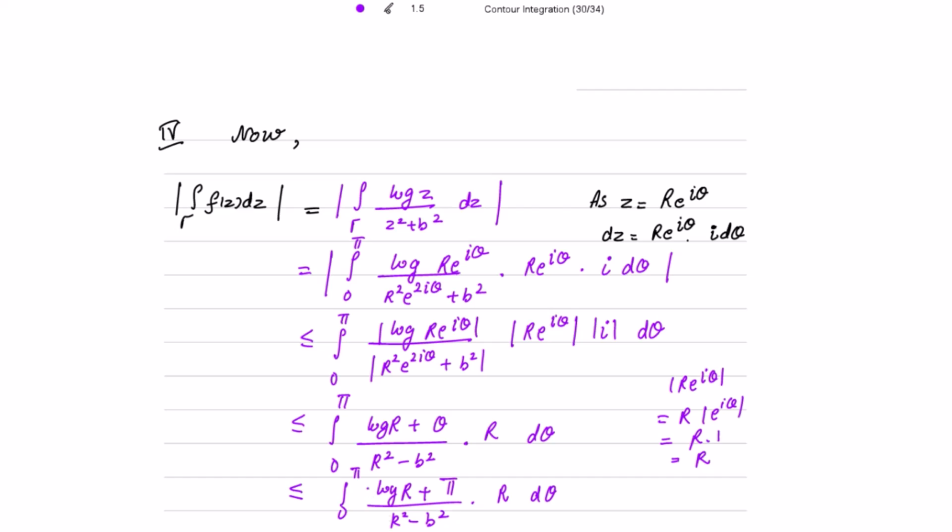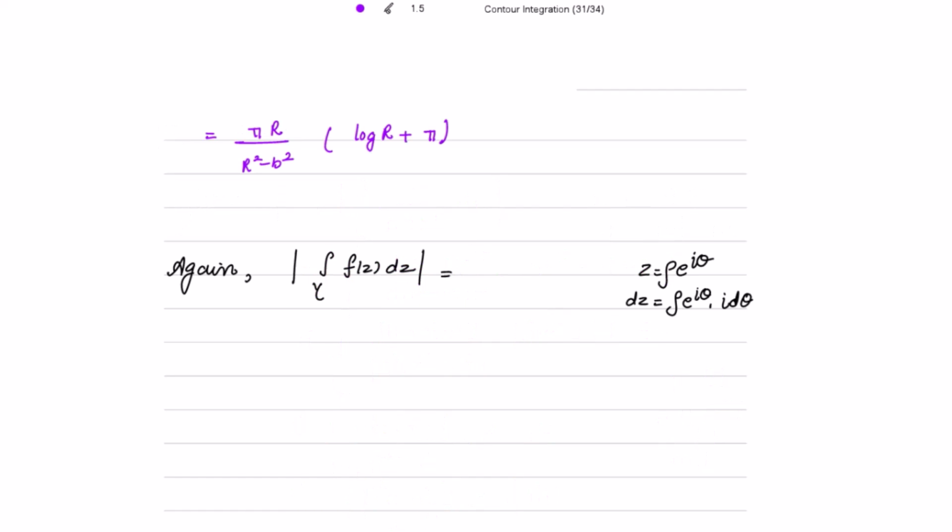Now this complete thing is a constant, and I'm left with the integration of 1 dθ, which is θ, and putting the limits I get pi times this complete constant. Now this is tending to, as r tends to infinity, this tends to 0. See, the power of r is square here, and so this is tending to 0.